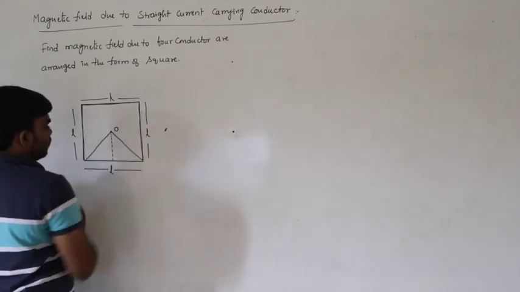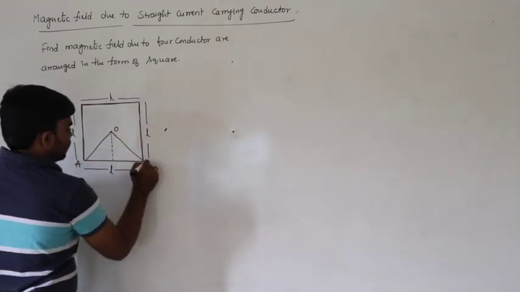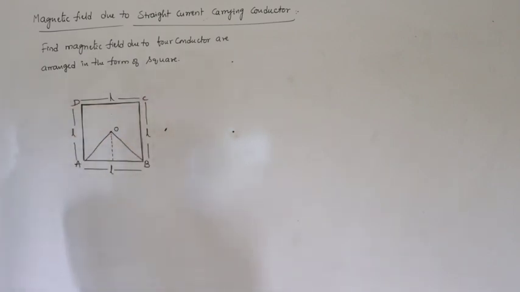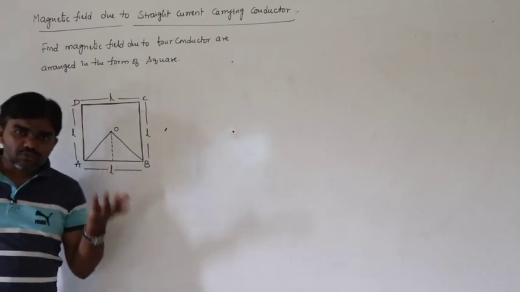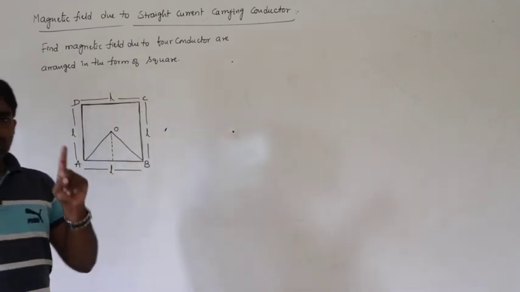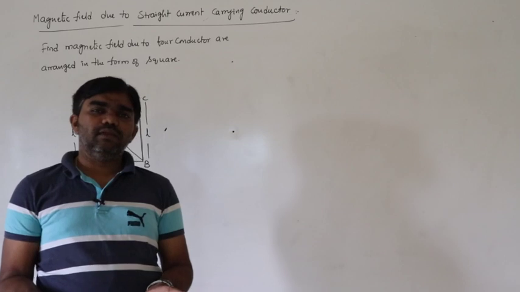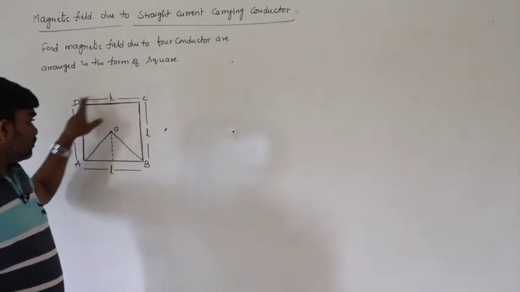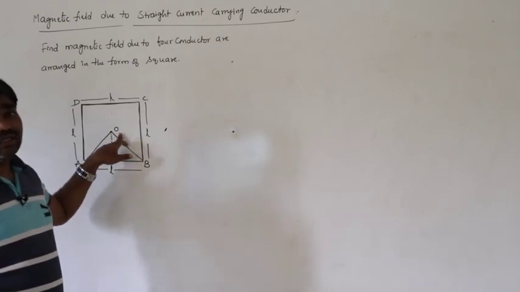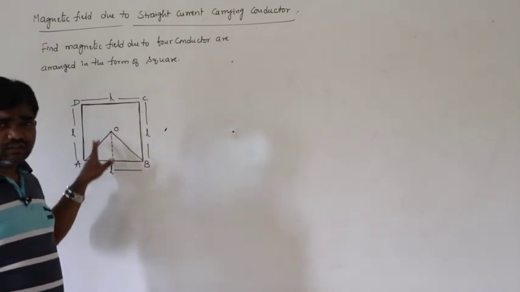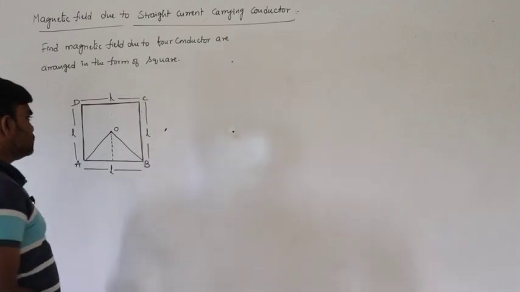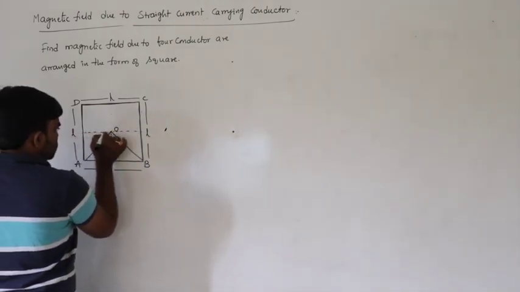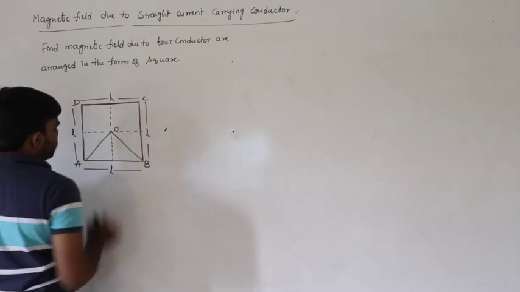So let us say it is the point O. So A, B, C, D. In the same way, first we have to calculate the magnetic field due to one side and then multiply, because the center is at equidistance from all the faces. So from this also it is L by 2, from this also L by 2, from this also it is L by 2.